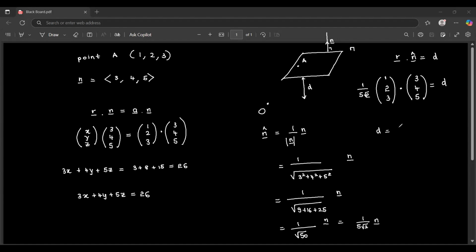So d is equal to 1 over 5 root 2 into (3 plus 8 plus 15), so d is 1 over 5 root 2 into 26. That will be 13 root 2 over 5, as the 2 cancels with the root 2 part. So the shortest distance between the origin and the plane is 13 root 2 over 5 units.